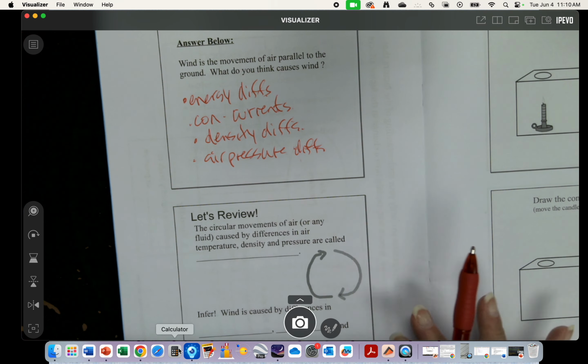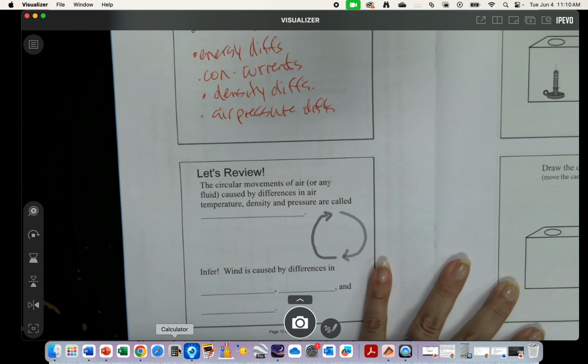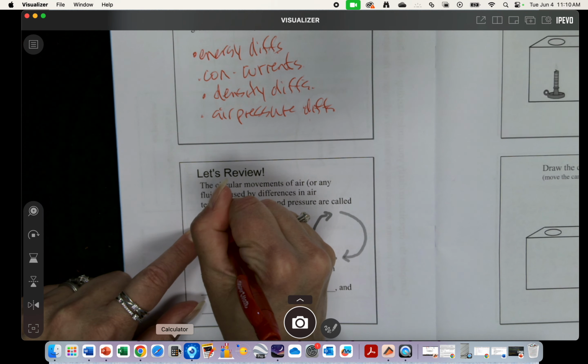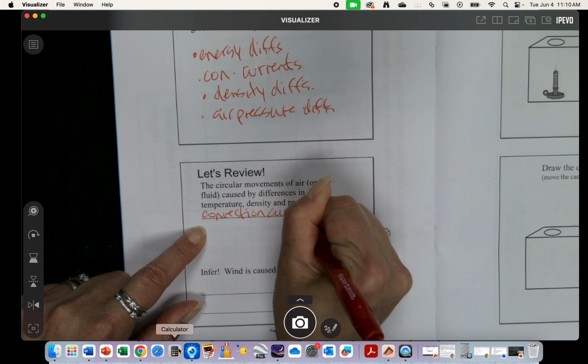The circular movements of air or any fluid, because fluids are matter that flows, awesome. What is this thing called? They are called convection currents.